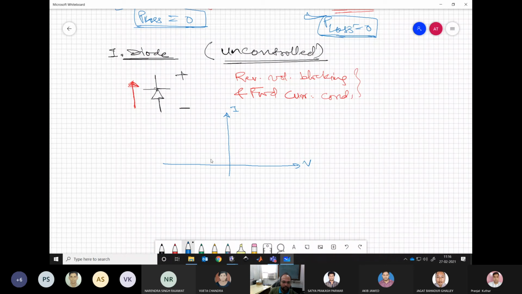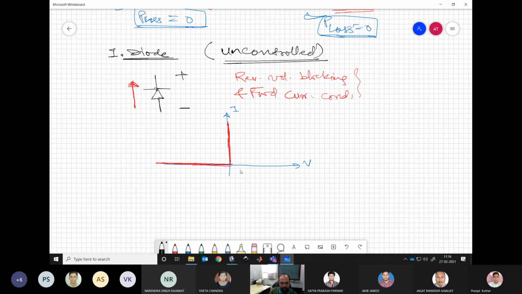Ideally, it should be like this, which means conducting any positive current and blocking any reverse voltage. So this is what the ideal characteristic of a diode is.